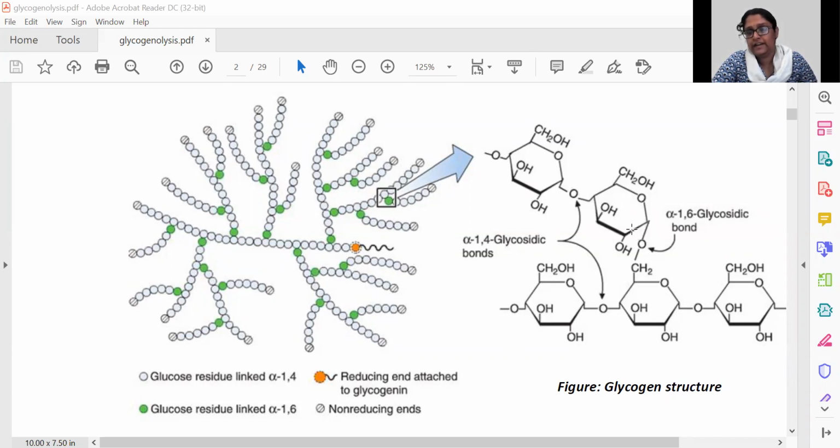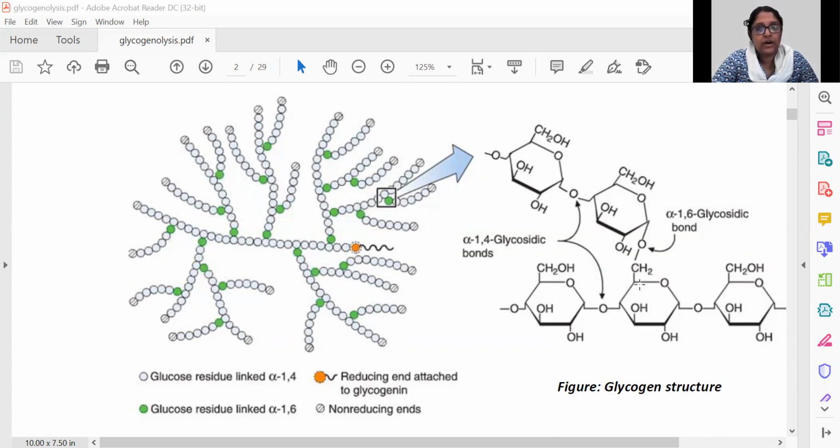So when the first carbon is getting linked to the fourth carbon, counting 1, 2, 3, 4, 5, and 6, where the protruding CH2OH is the sixth carbon, that is the alpha 1,4 linkage.